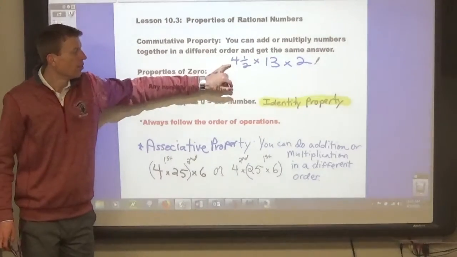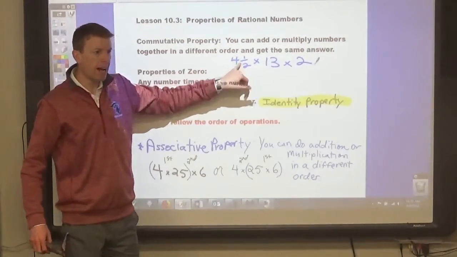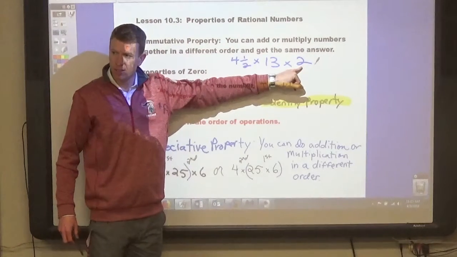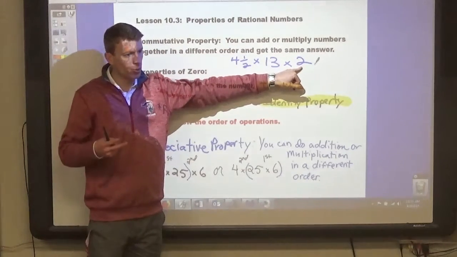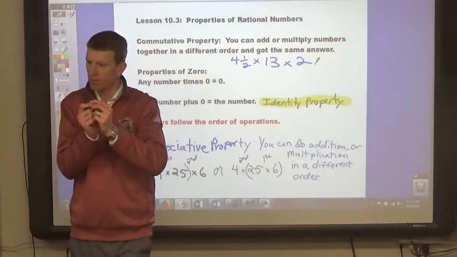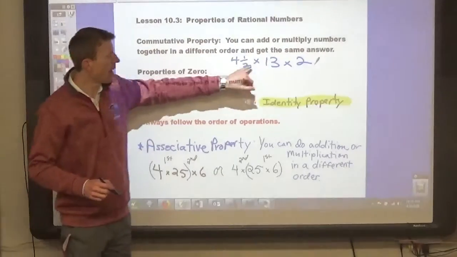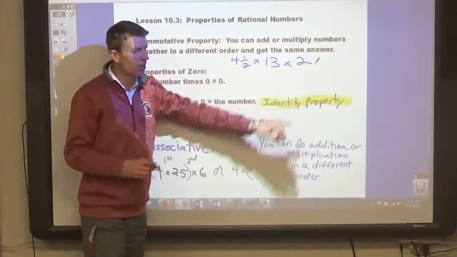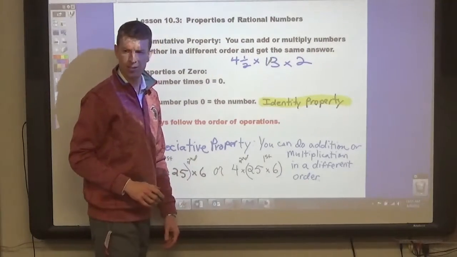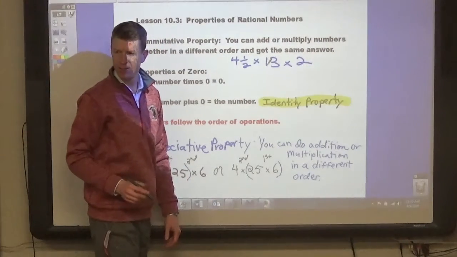If you know that when you multiply a half times 2, it makes a whole, 1/2 times 2 is 1, right? 2 halves make a whole. So 4.5 times 2 is easier to do than 4.5 times 13, right?